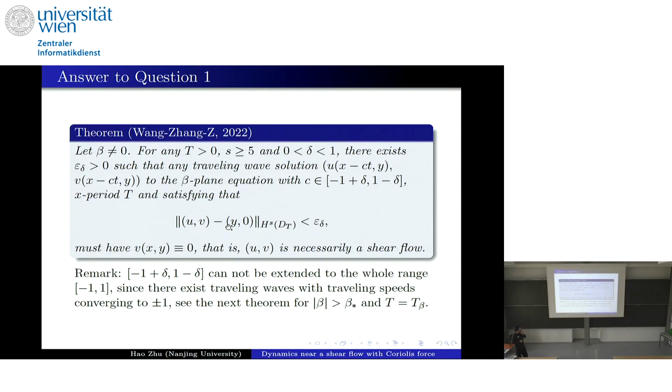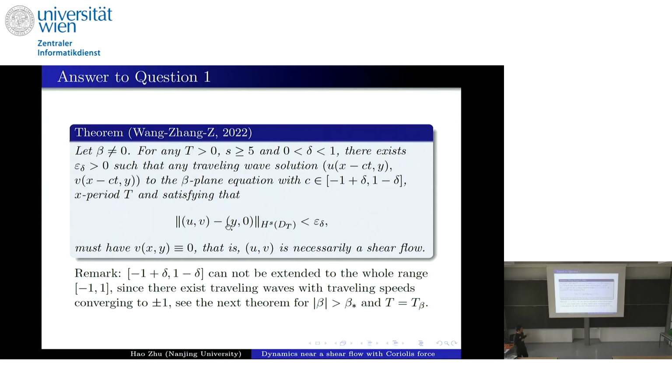the answer we can get is that if the perturbation is in H^s, here is the velocity perturbation, with space H^s, s larger than or equal to 5, and for any beta not 0, then if the traveling speed is in such a smaller interval, not the whole interval, then there are no such traveling waves.